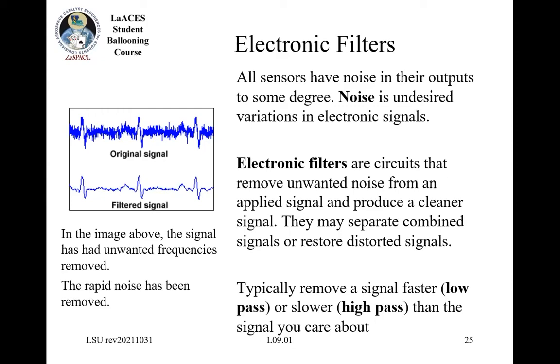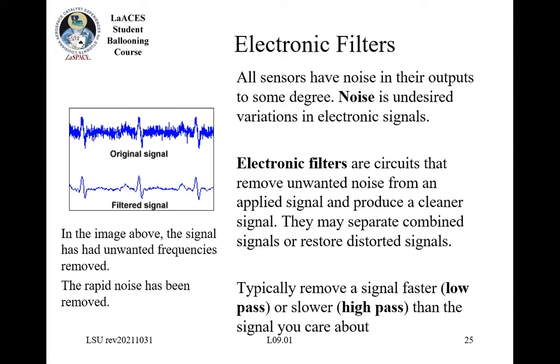Usually when you're talking about filters, we're talking about something that acts on the speed of the signal, or the frequency. Typically we'll remove the fast signal, because often the noise, as you can see here, has a very rapid variation. In which case that's called a low pass filter: we're allowing the low frequency signal to pass through. But you could also be trying to remove the slower signal, which you would use a high pass filter.